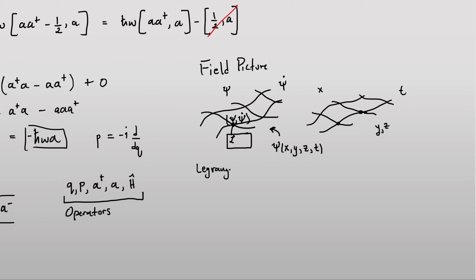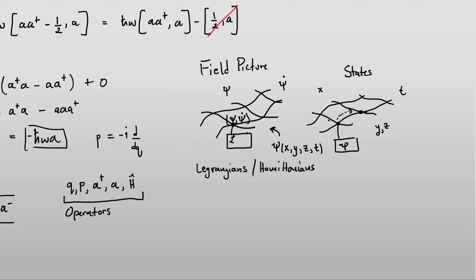Lagrangians and Hamiltonians are changing. In this picture here, our states are changing. So we have a state right here, and this state can travel through time and space, and we have a different state here.